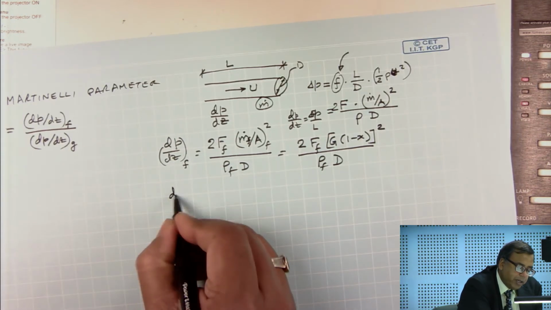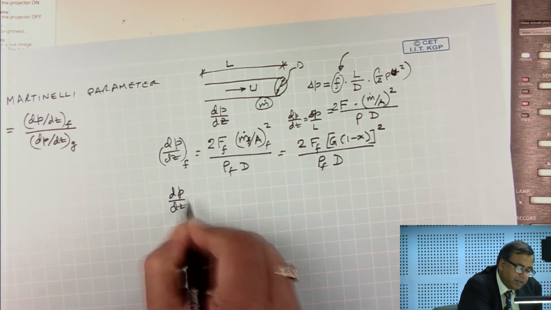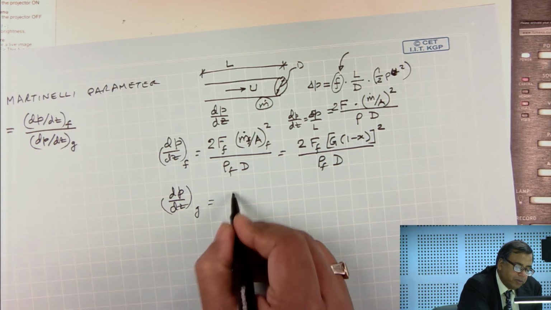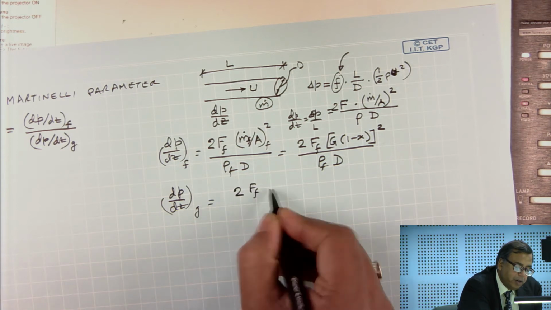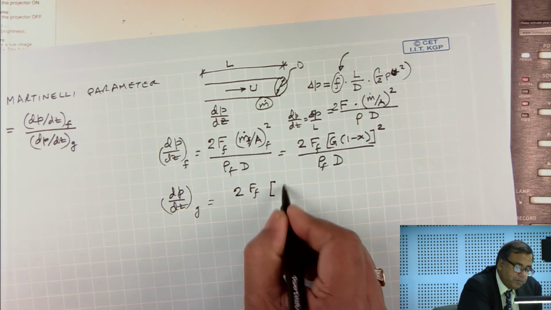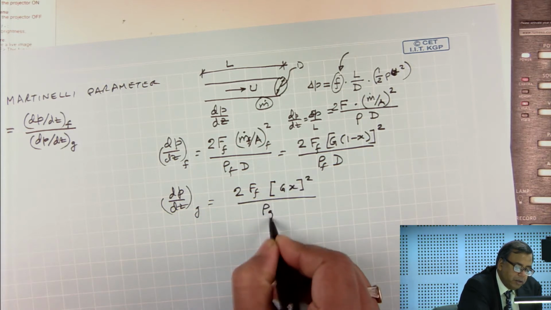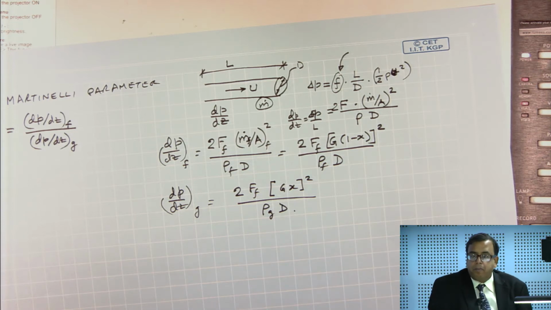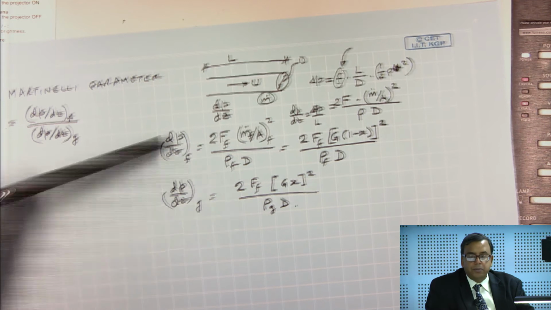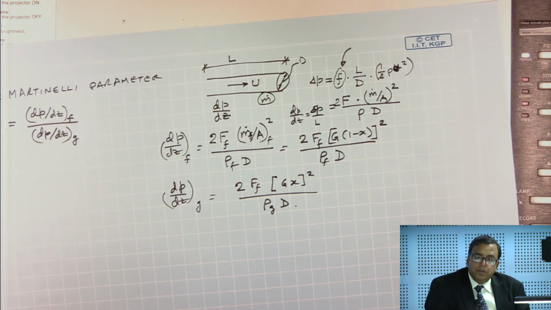And similarly, I can write down the dp dz for the gas side to be equal to 2 times the friction factor times G times x squared divided by rho g d. Okay. And then if I take the ratio of these two pressure drops, that gives me the Martinelli parameter.